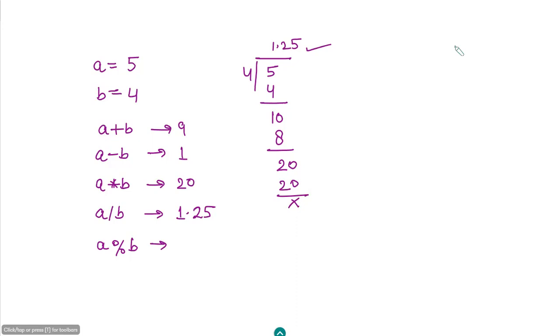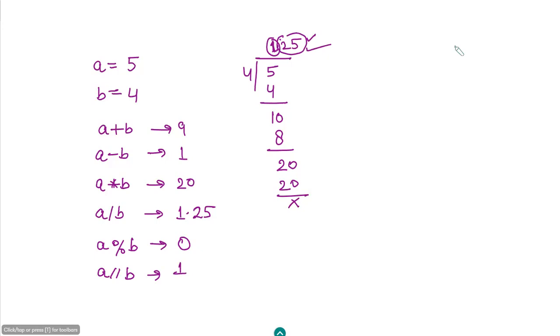That will be 1. Floor division will always return only the quotient of the numbers. So these two operators are clear.